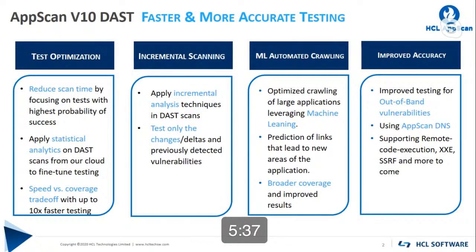The results are expected to be much more accurate than before. In version 10, we support remote code execution, XXE, and SSRF using this new component, where SSRF is a new test that we just added. In future releases, we plan to add more tests that use this component.